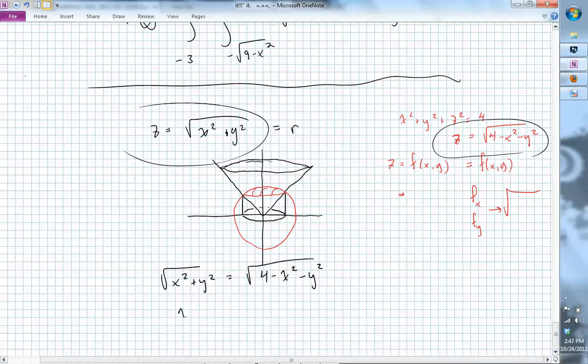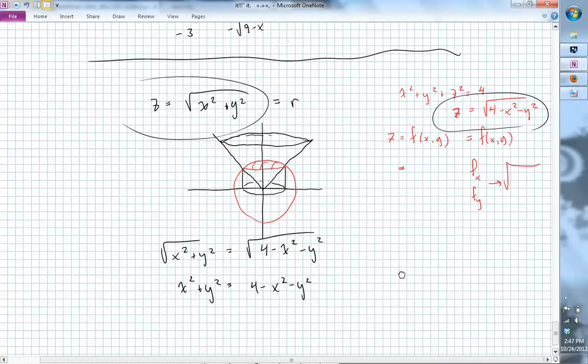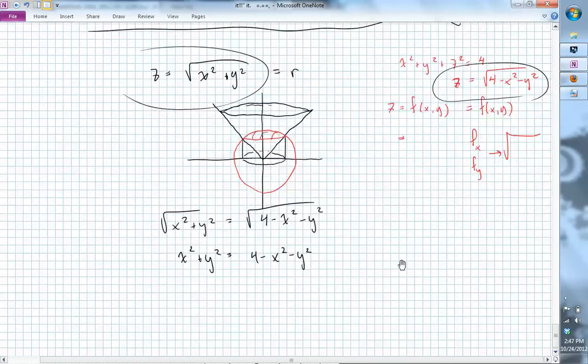Square both sides. Move the x's and the y's to the left. Divide out the 2. And that is the equation of that circle. So it's a circle of radius root 2.